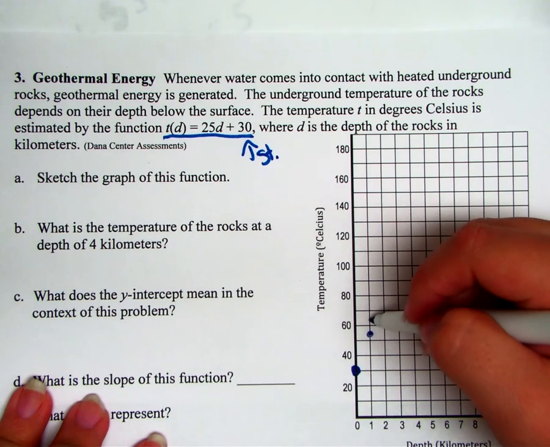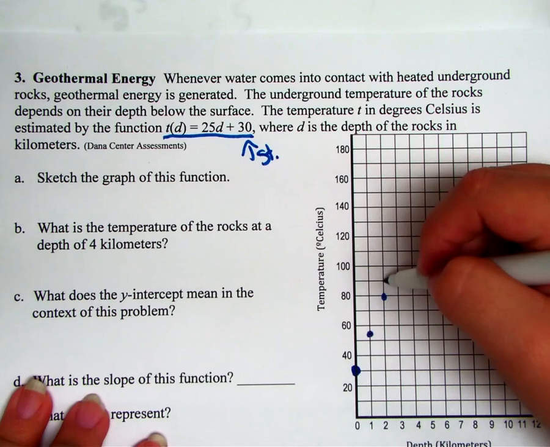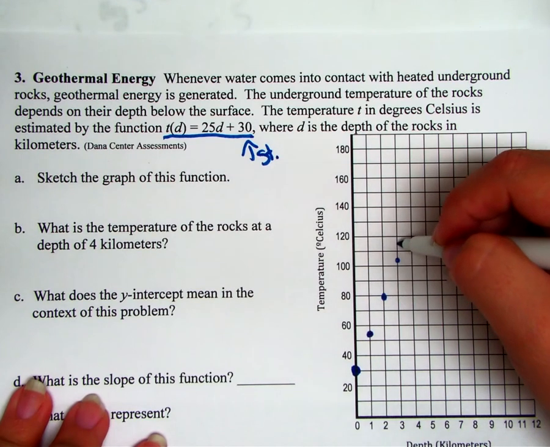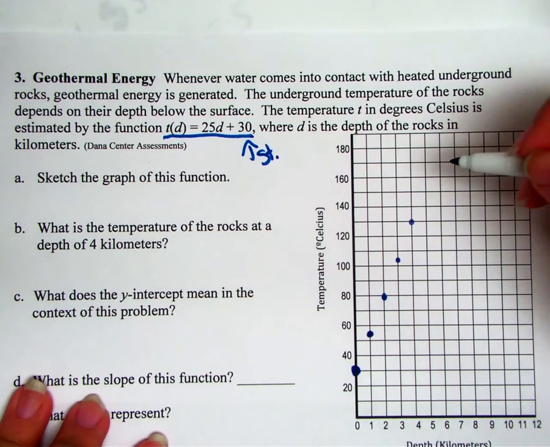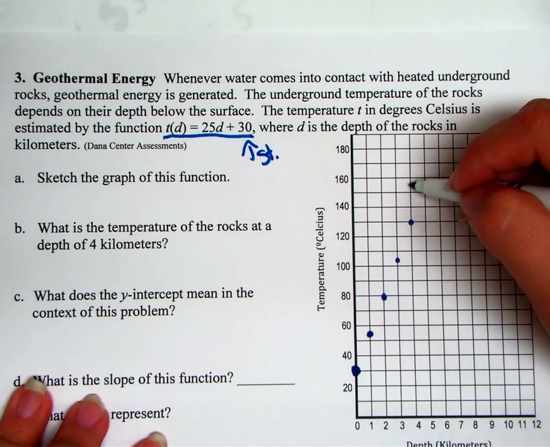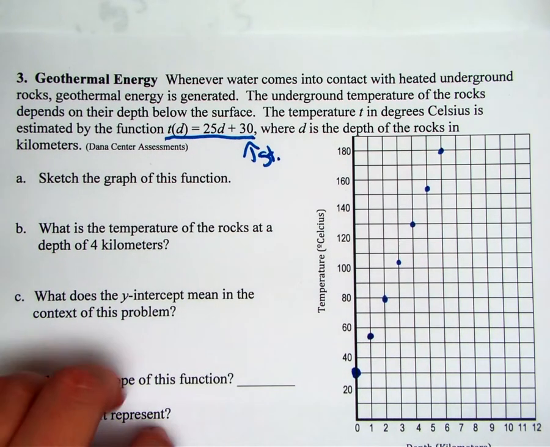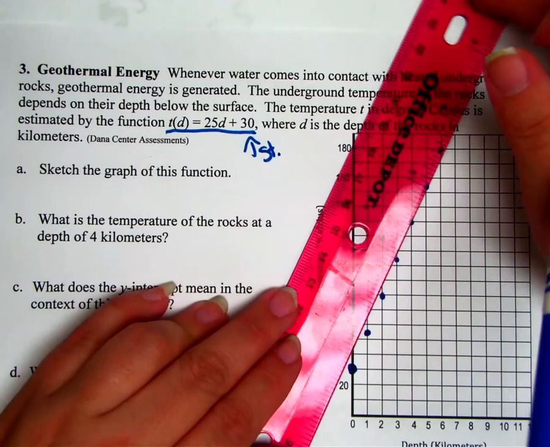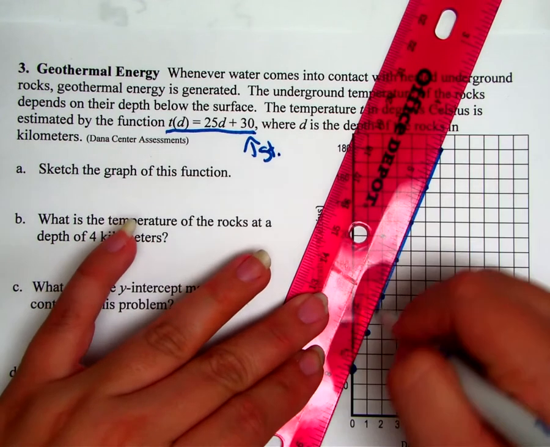I'm going to do that again, 10, 25, right there, until I run out of room. So it's a little bit different just because we're not going by ones and the 5 isn't marked there for us. So you're going to have stuff that's in between.